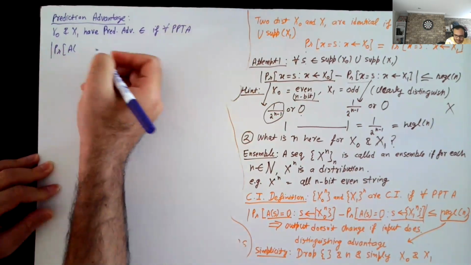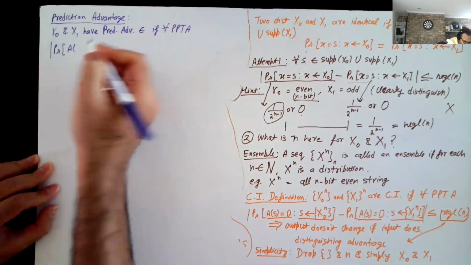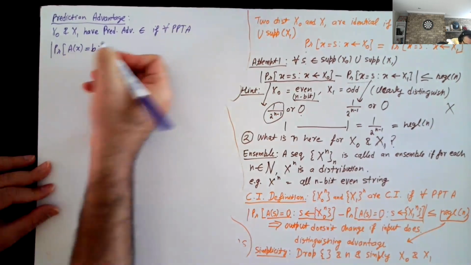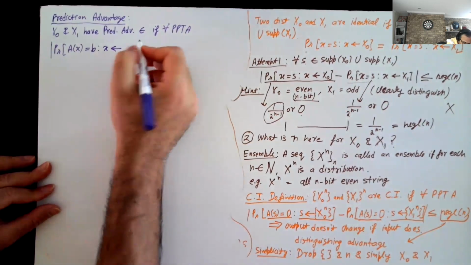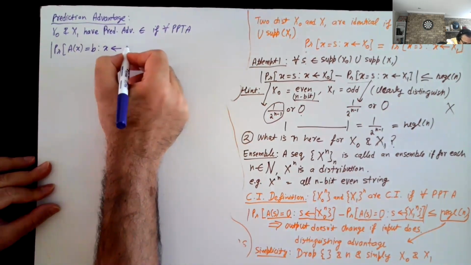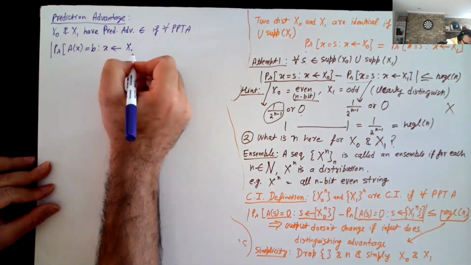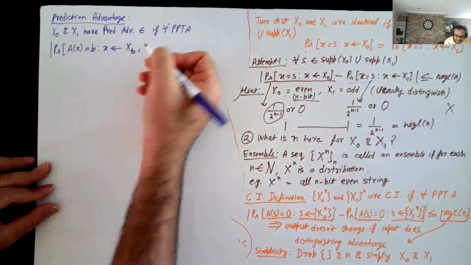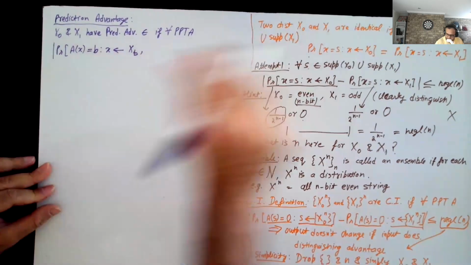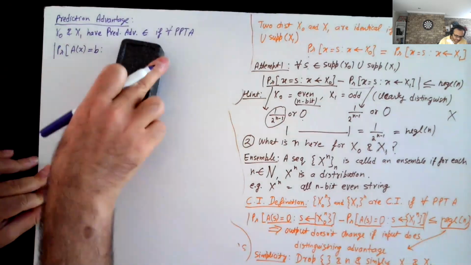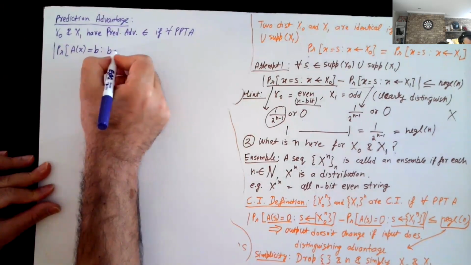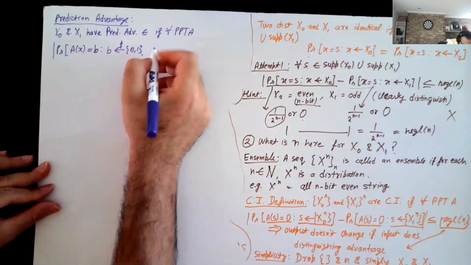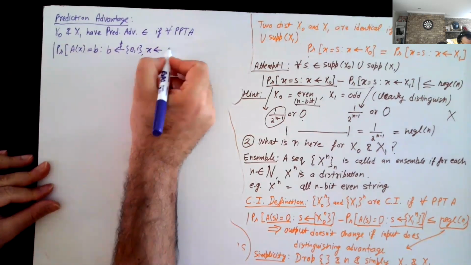So A is given some sort of sample. And X could be coming from xb, so b is first picked at random, and then the sample is given from xb.